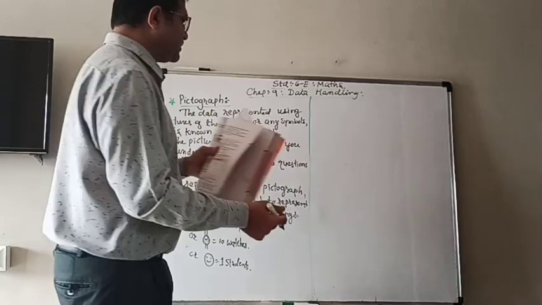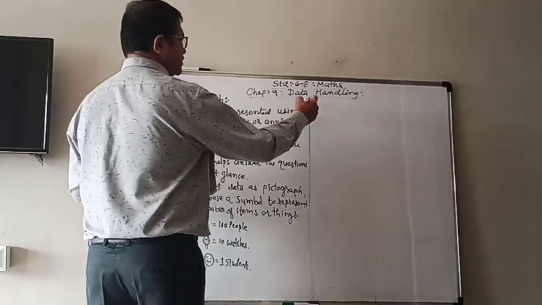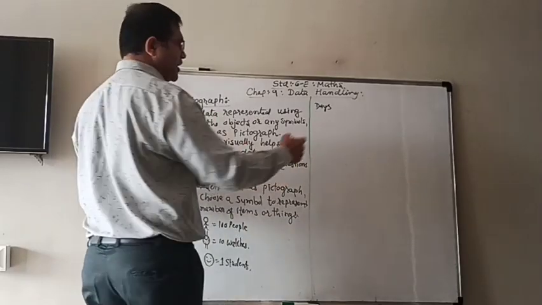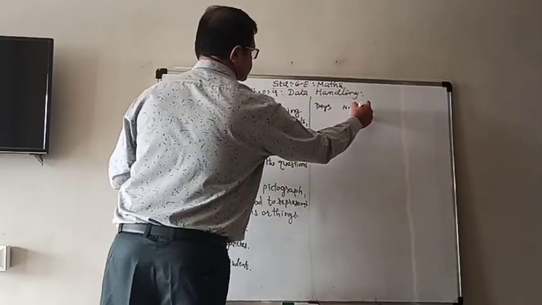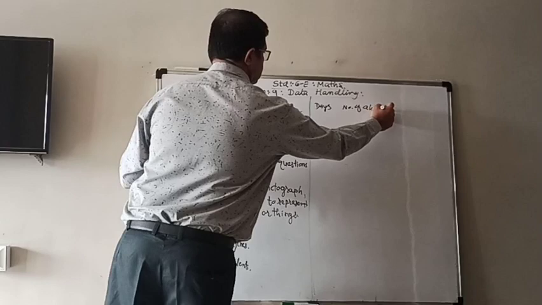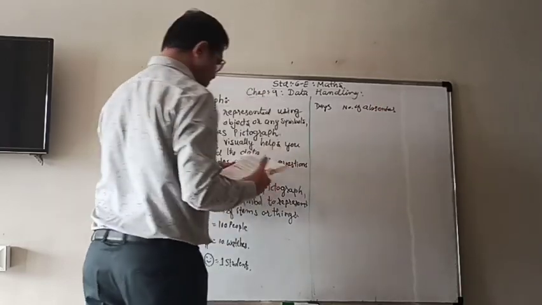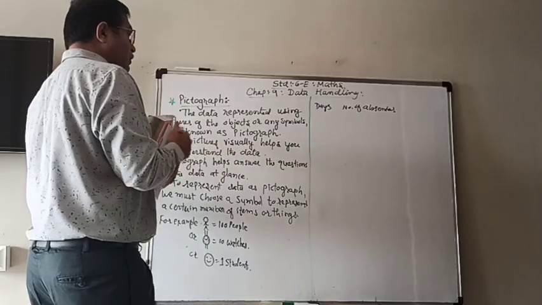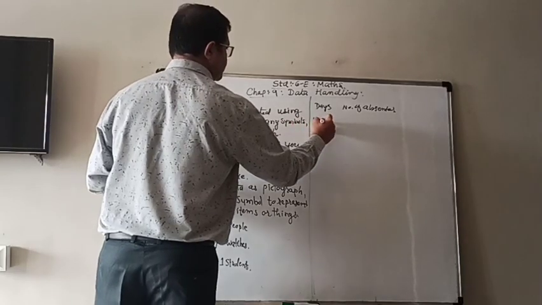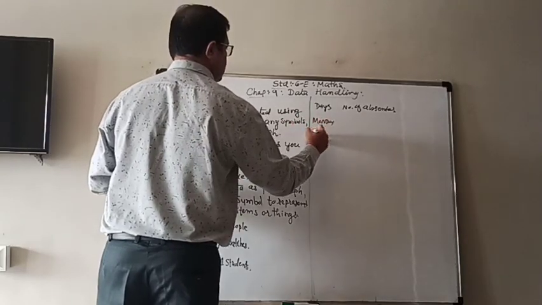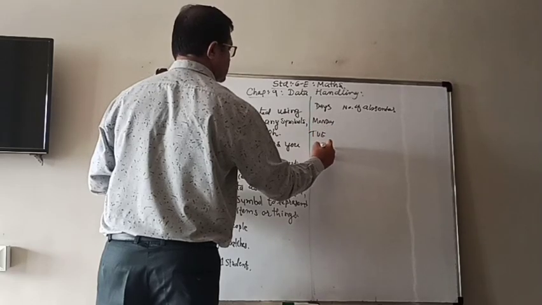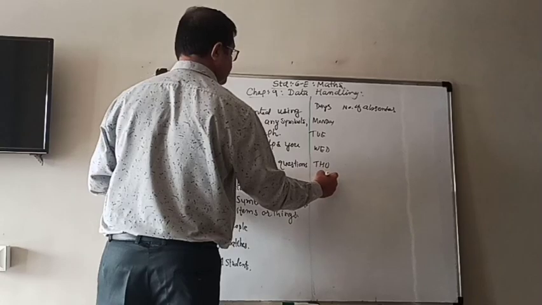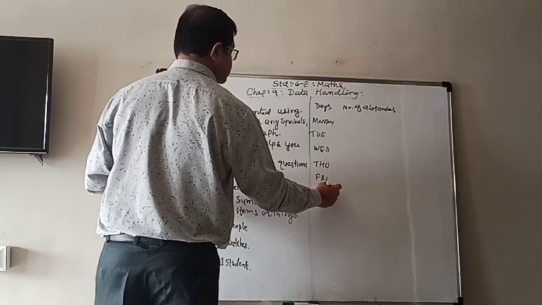It is simple, so I can draw the days here, and they gave the number of absentees using symbols. The days are Monday, Tuesday, Wednesday, Thursday, Friday and Saturday.